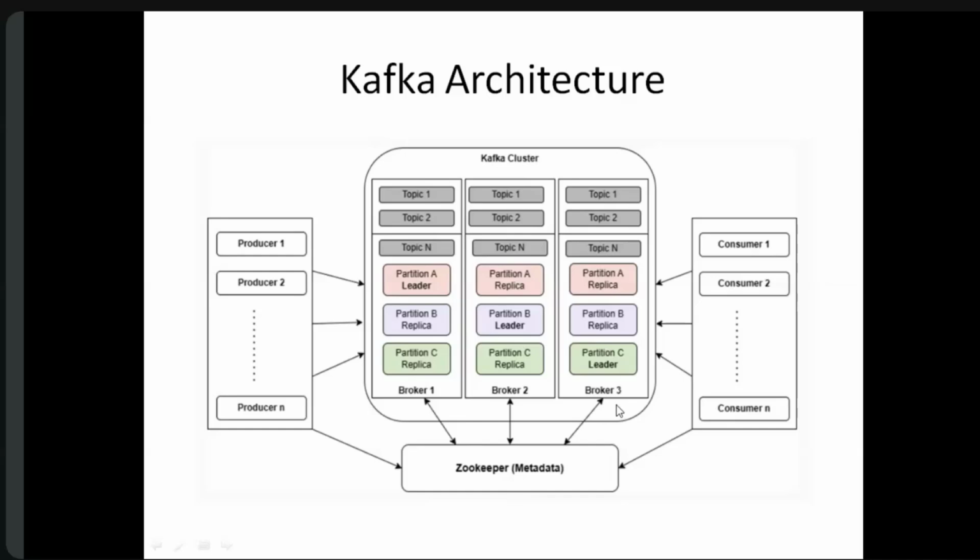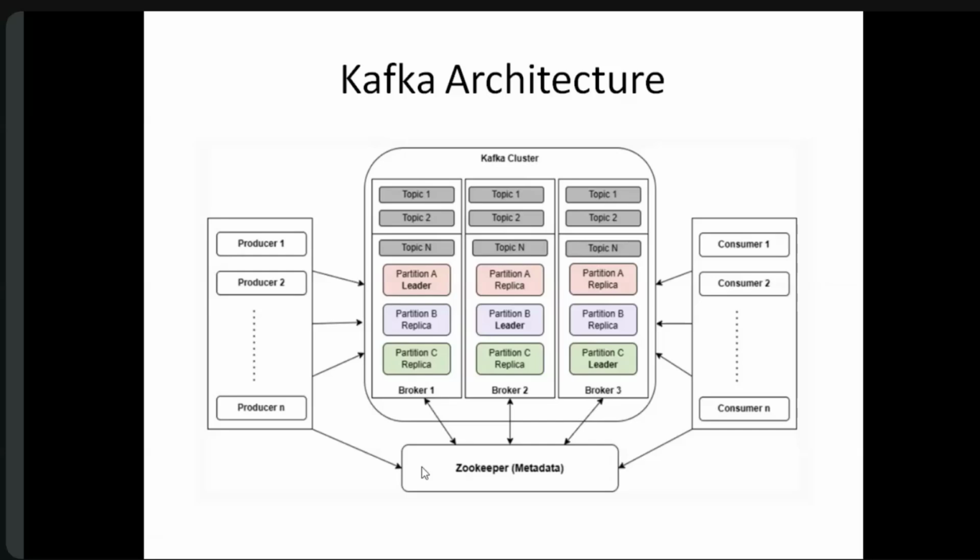You can see zookeeper is interacting with producer, with consumer, and also with Kafka. The difference is that communication with the Kafka cluster is bidirectional, as you can see from the arrow, but communication with producer and consumer is unidirectional. That is the only difference.